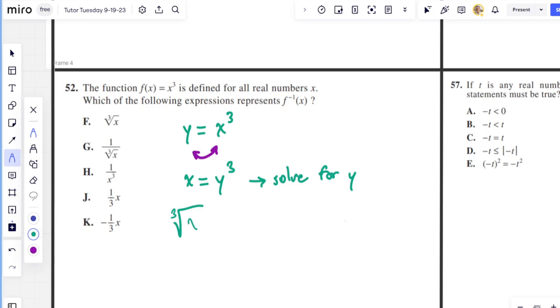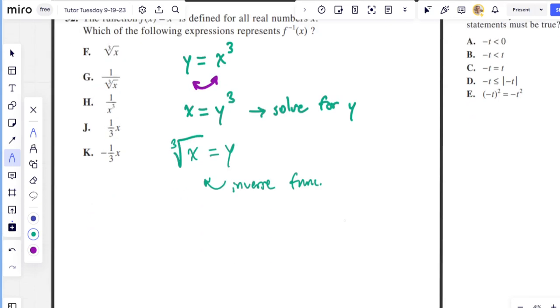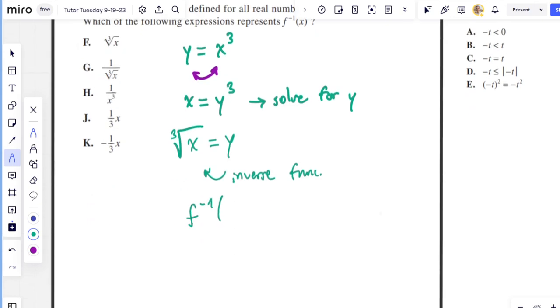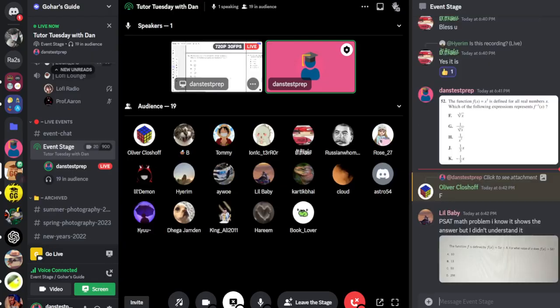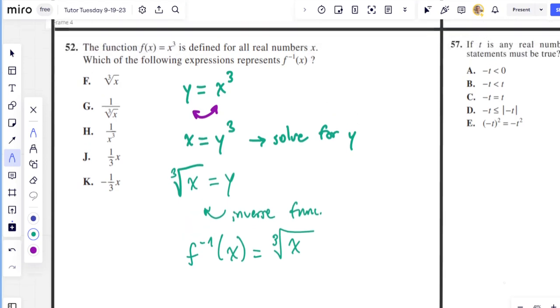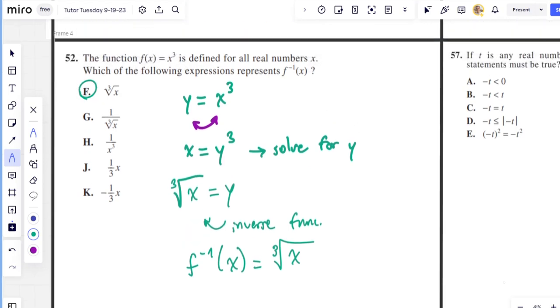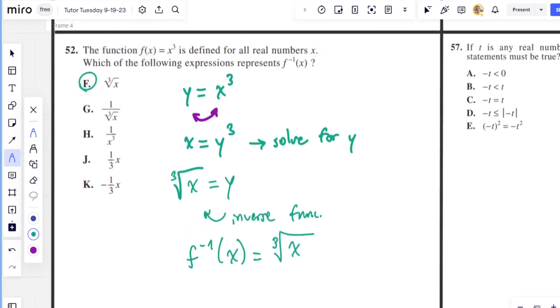Cube root of x equals y. Once you've solved for y, that's exactly your inverse function. f inverse of x is going to be the cube root of x. So of course that's going to be answer choice F.